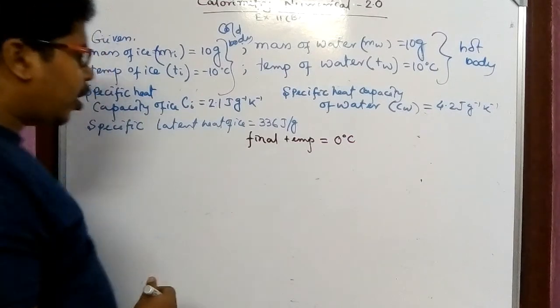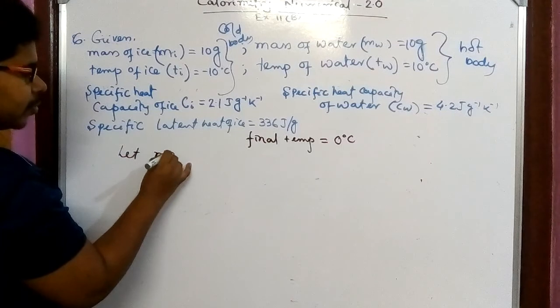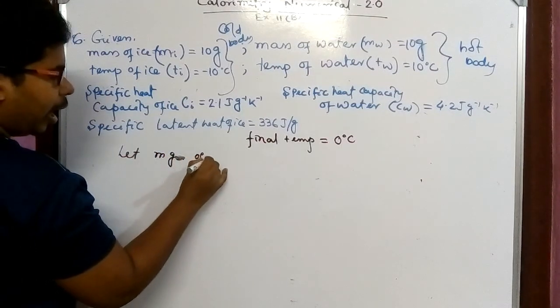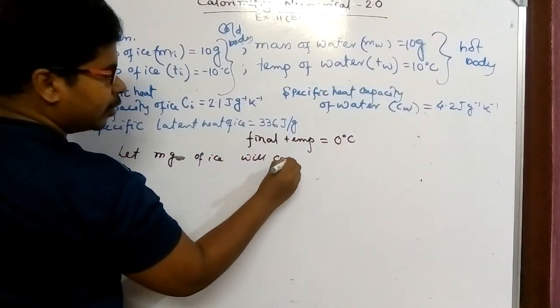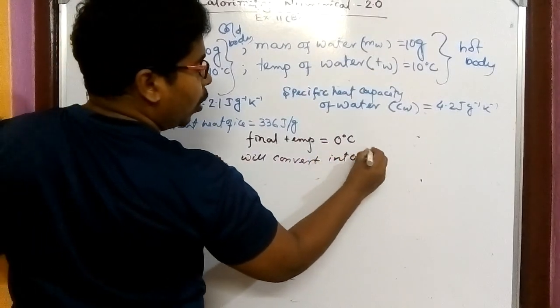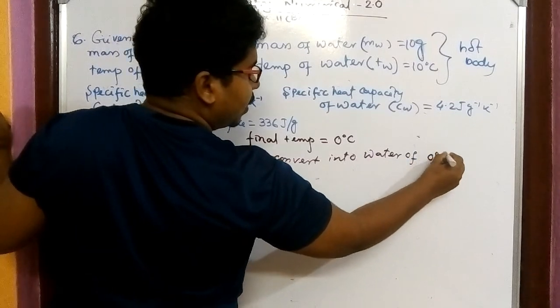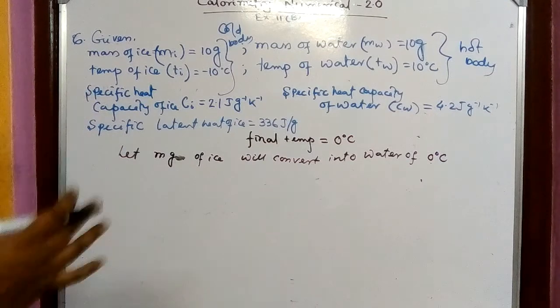Okay, so here we have to assume, let m gram of ice convert into water of 0 degrees centigrade. See, there is a big story.